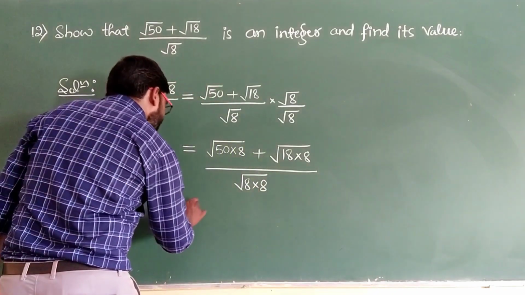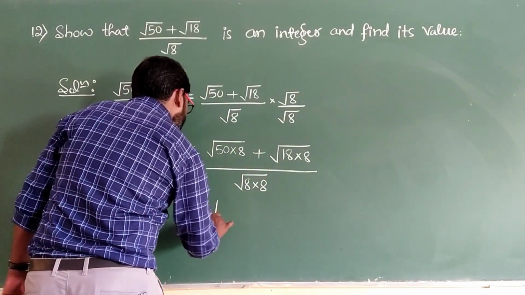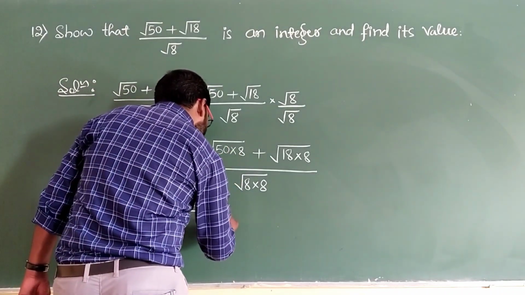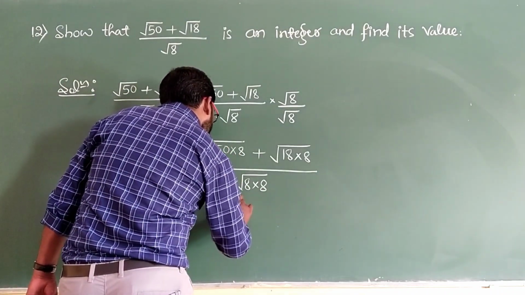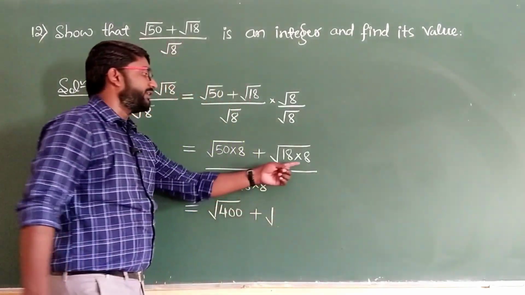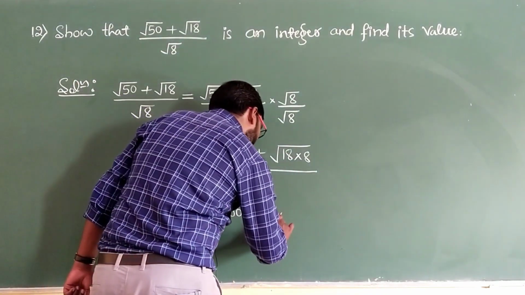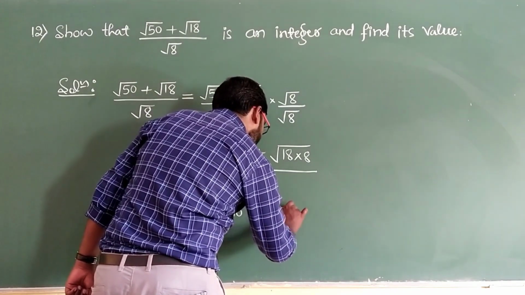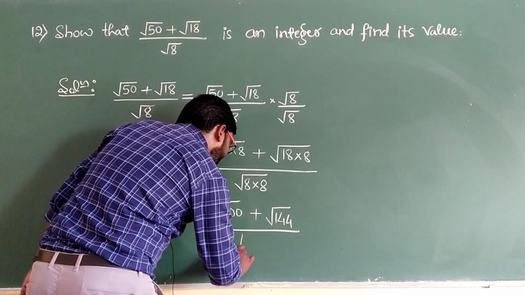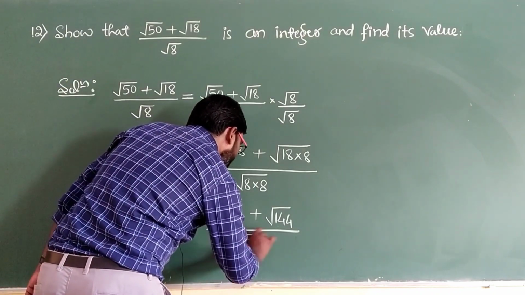So now in the next step, which is equal to, square root of 50 into 8 will be 400 plus square root of 18 into 8 will be 144, then whole divided by square root of 8 into 8 will be 64.